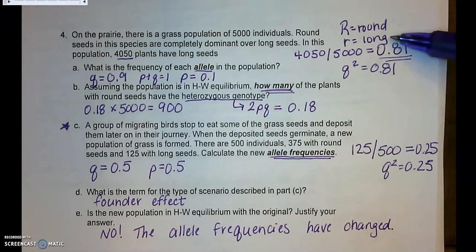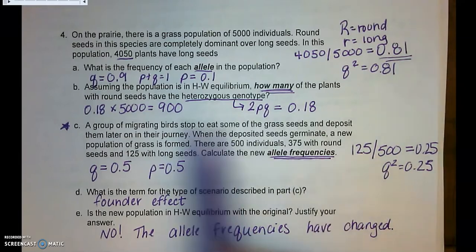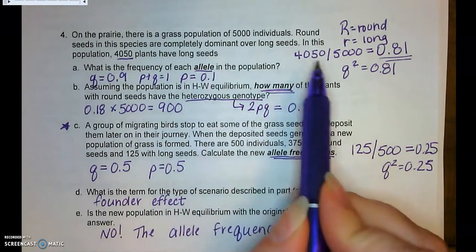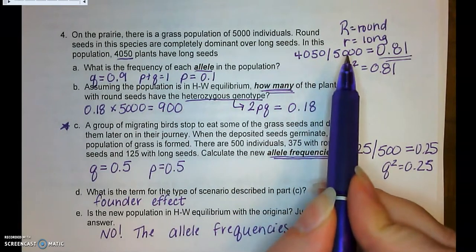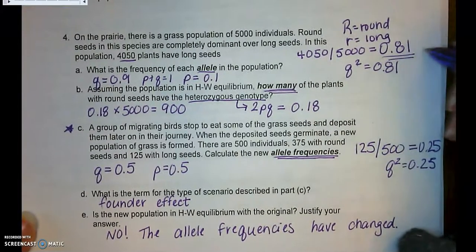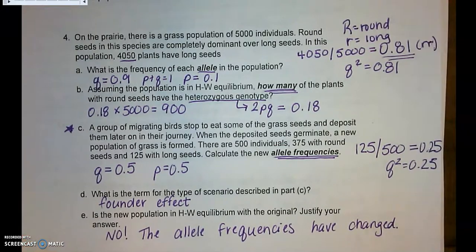We just said that long is recessive. So if 4,050 plants have long seeds, that means 4,050 out of our 5,000 total are going to be homozygous recessive. Right? That is the genotype that you have to have in order to have long seeds.